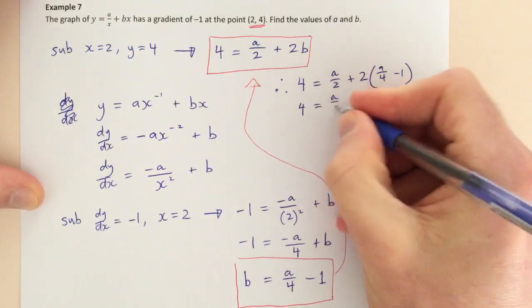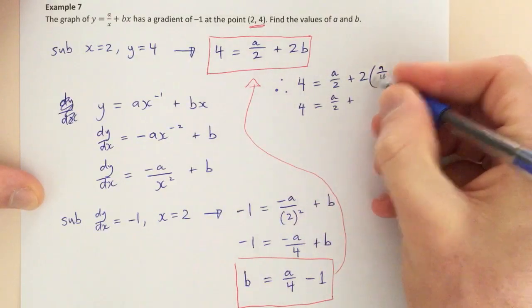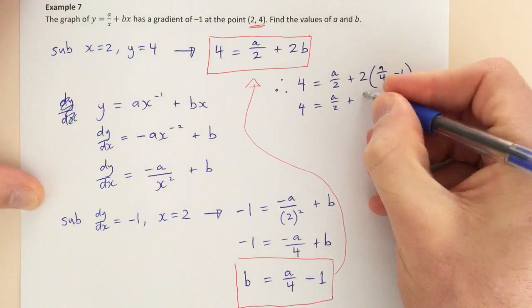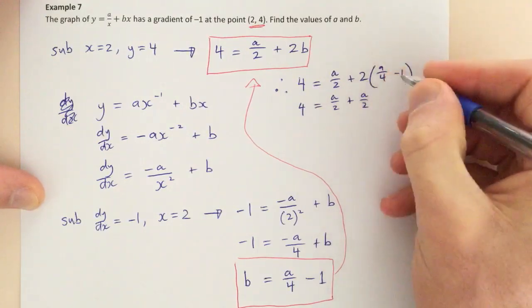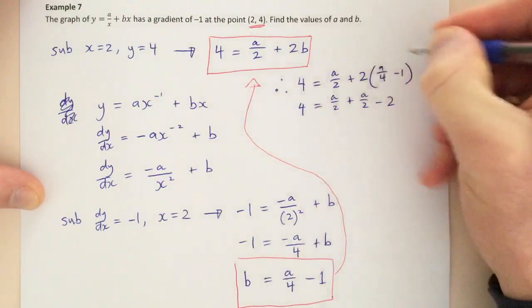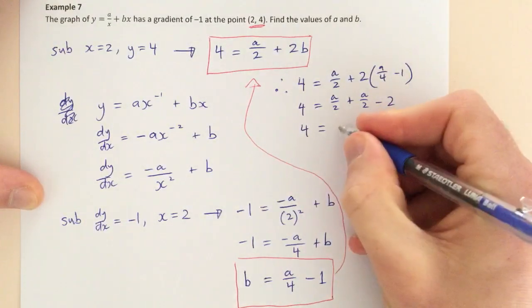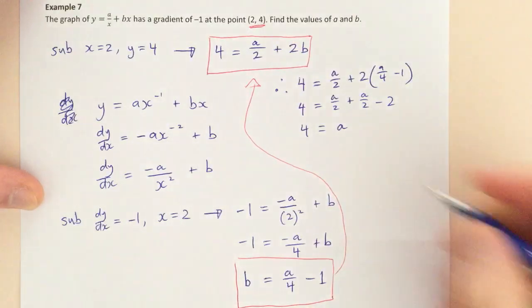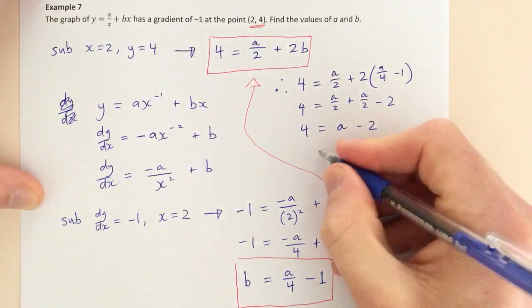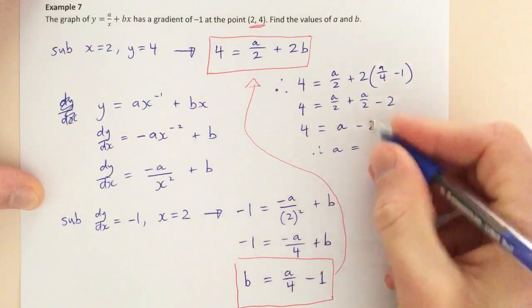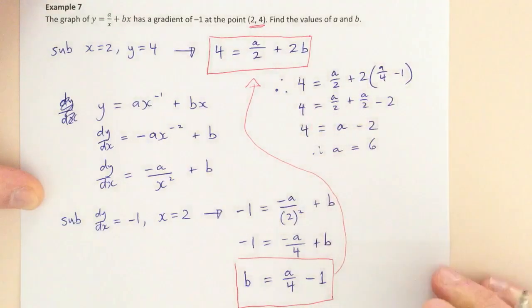So 4 equals a over 2 plus 2 times a over 4, which will actually just give us another a over 2 minus 2, just expanding that bracket there. A half a plus a half a, very conveniently, is a whole a, so 1a, minus 2, and therefore, if we add the 2 over, a would equal 6.